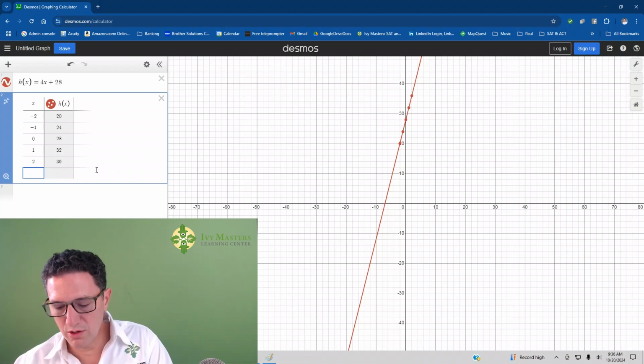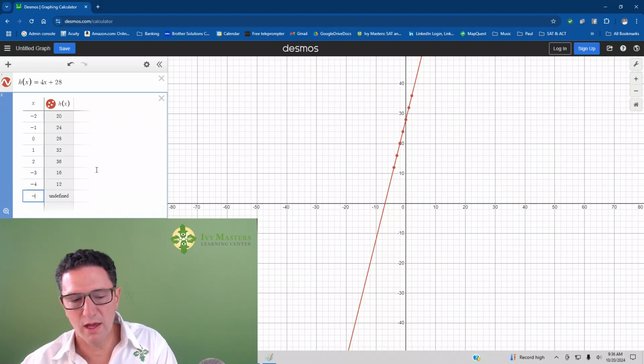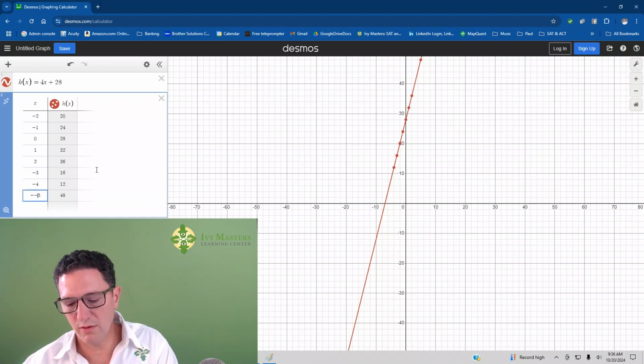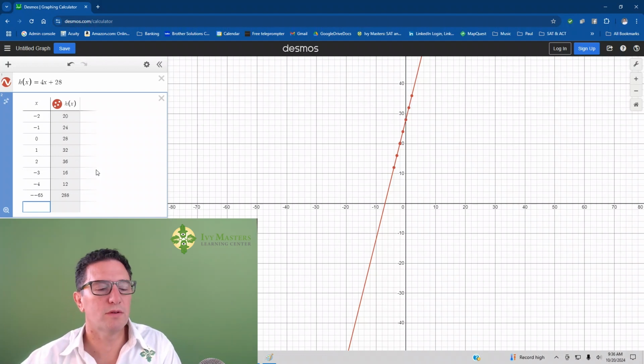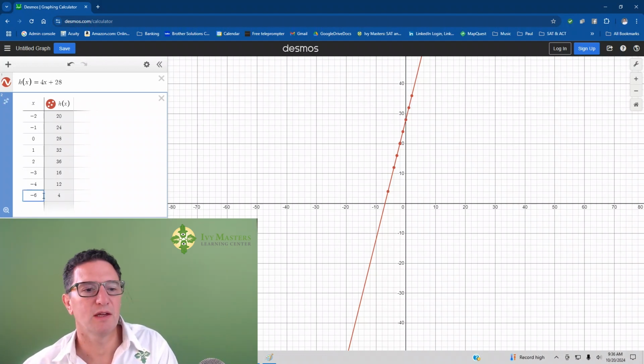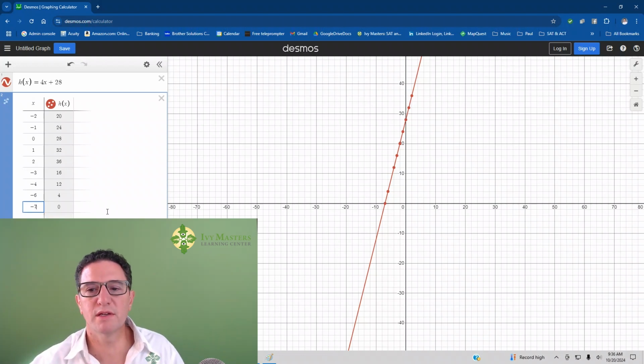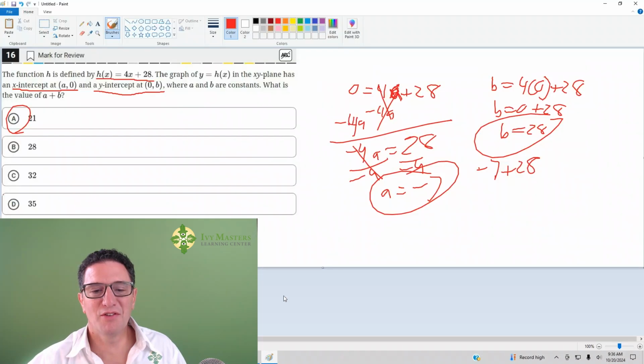So if I do negative 3, and then that doesn't give it to me, negative 4, negative 5, negative 6, whoops, I meant to say negative 6. And then negative 7. Boom. There it is. So, once again, your answer here is 21.